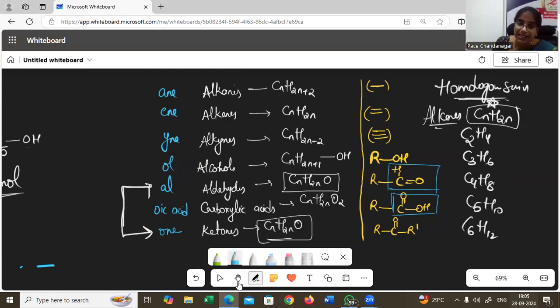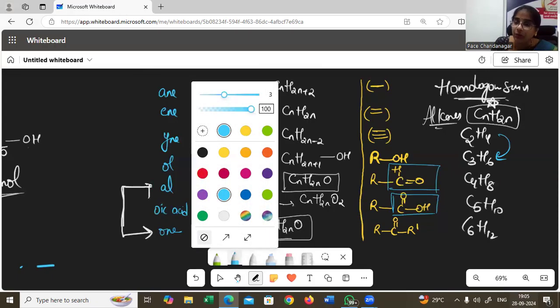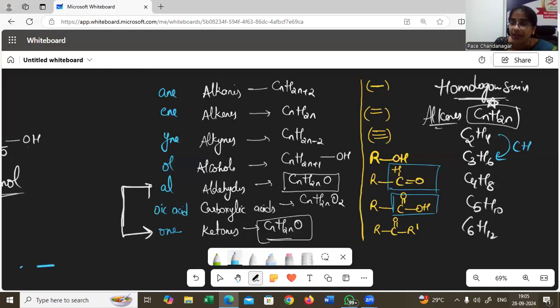As you can notice, from C2H4 the difference is 1 carbon and 2 hydrogen. From there to here, the difference is 1 carbon, 2 hydrogen again. Next difference is again 1 carbon, 2 hydrogen. So all these series are called a homologous series.